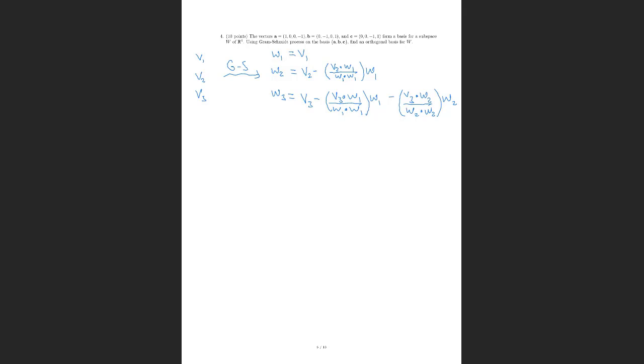Okay. All right. And then hopefully you wouldn't have any more than 3 vectors because it gets pretty long after that. But if you do need W4, it would be V4 minus its projection onto W1, W2, and W3. Okay.